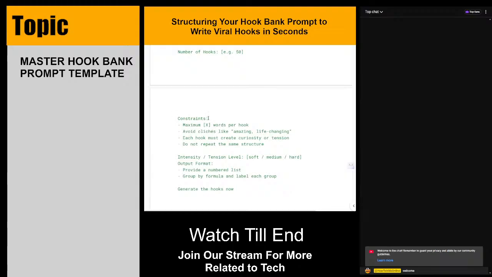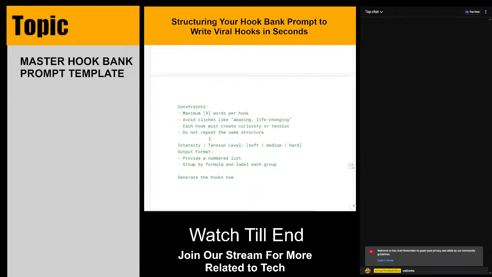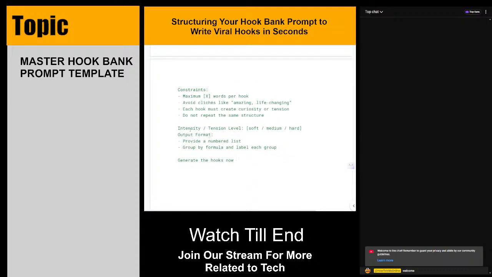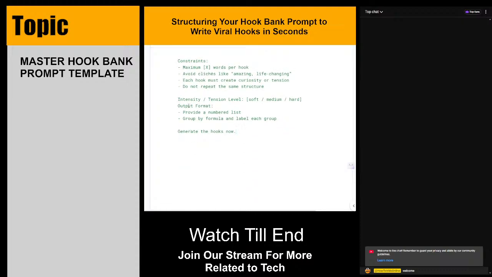Here we can give the constraints as we have discussed earlier in this session. Then we can give the intensity or tension level, and then the output format. And in the last we say generate the hooks now, and it will start generating the hooks.